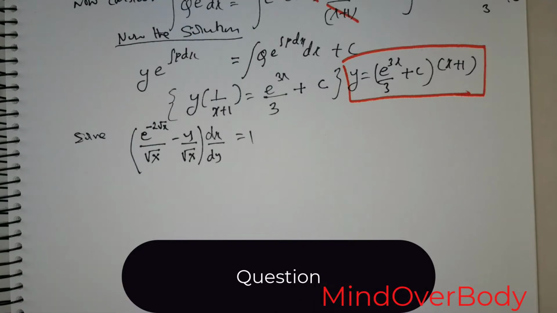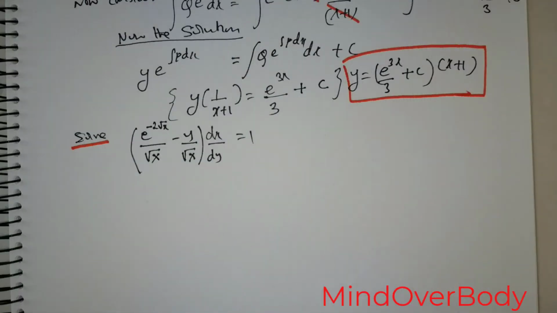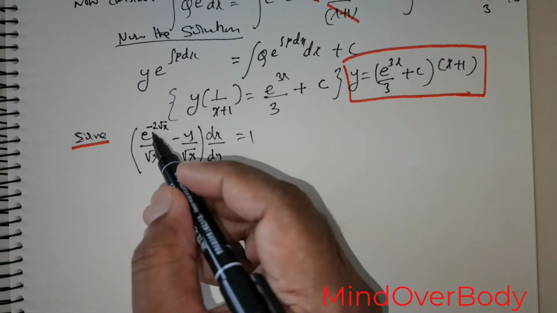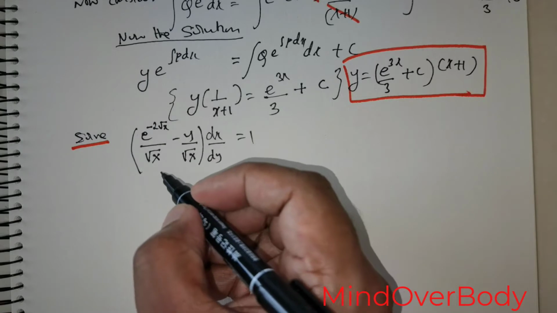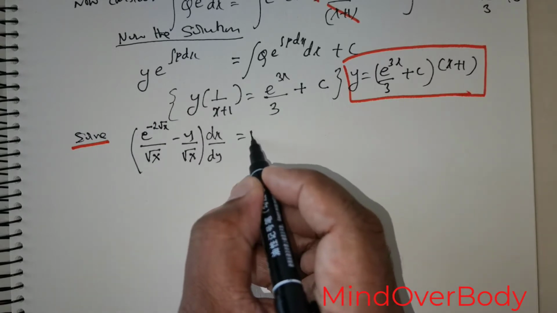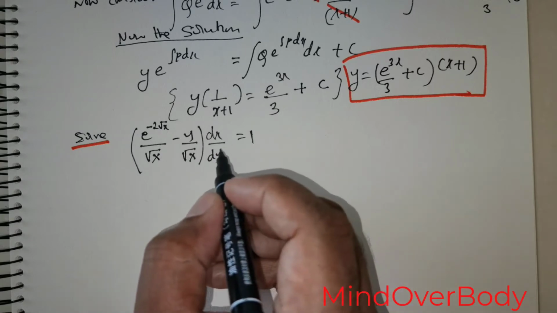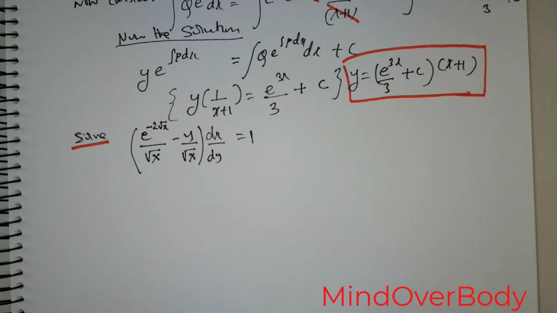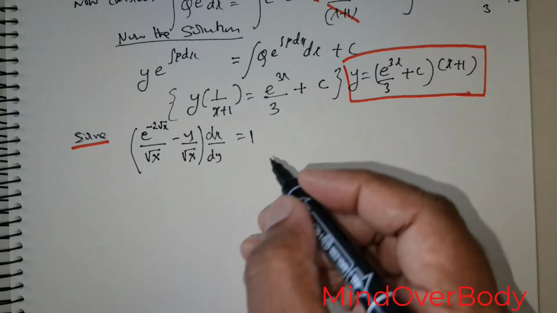Students, we are given a beautiful question. Solve this linear differential equation: e raised to the power of negative 2 times root of x, divided by root of x, minus y times root of x, times dx over dy, is equal to 1. Now this is solvable owing to the fact that we got dx over dy, and that is an added advantage.